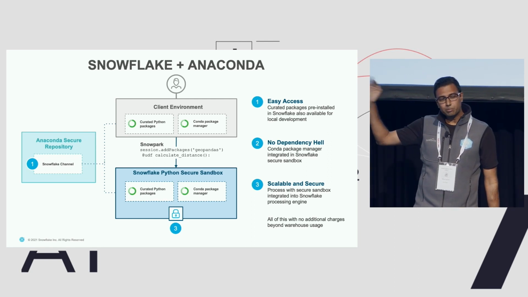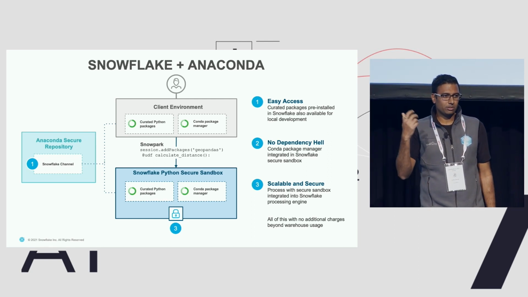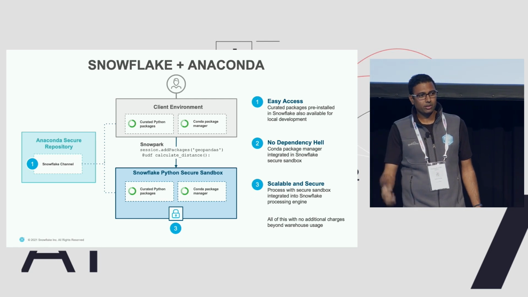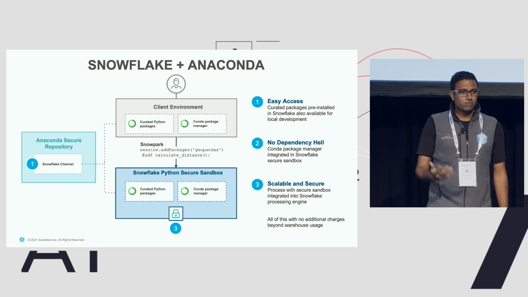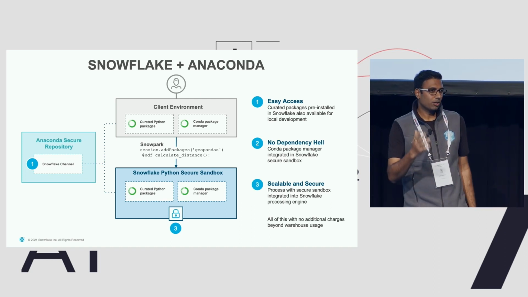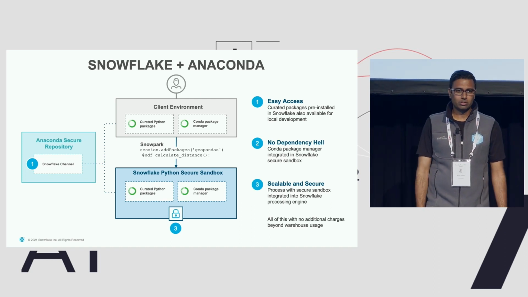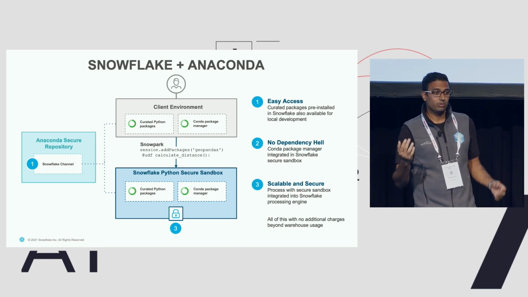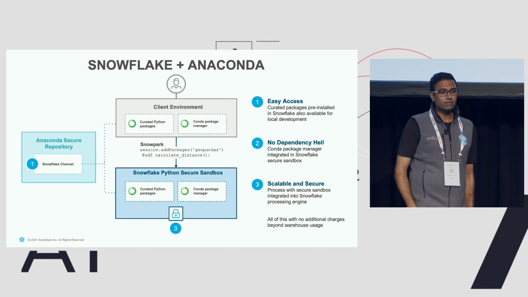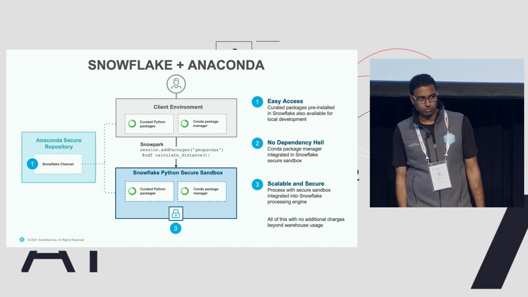Your client side IDE is pretty IDE independent. So you can pip install Snowpark for Python, right? Or you can just get it through the channel. It's available on the channel as well. So you're free to use PyCharm, VSCode, Python notebooks, hosted notebooks, anything that you want. Because at the end of the day, once you start creating data frames and UDFs, everything is 100% pushed down onto Snowflake.